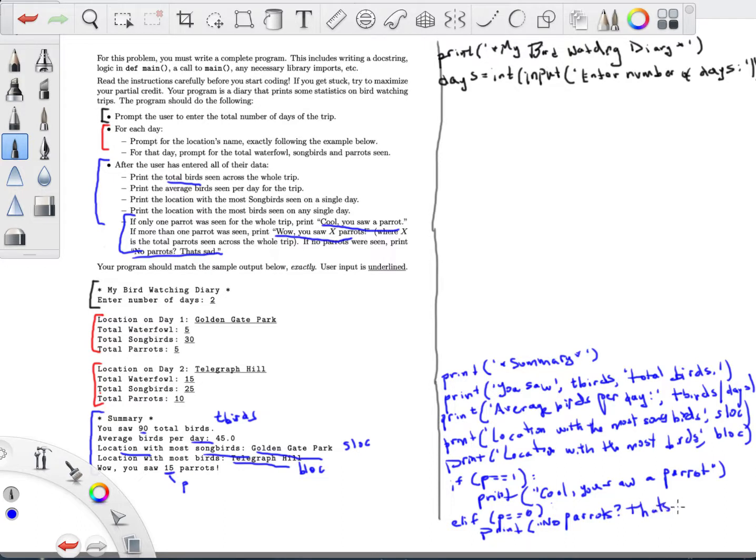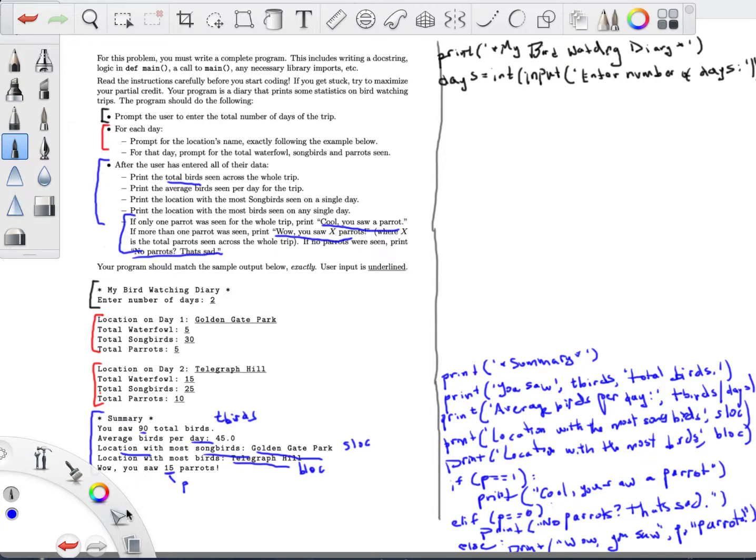That's sad. Else print wow, you saw p parrots. I guess it was an exclamation mark.